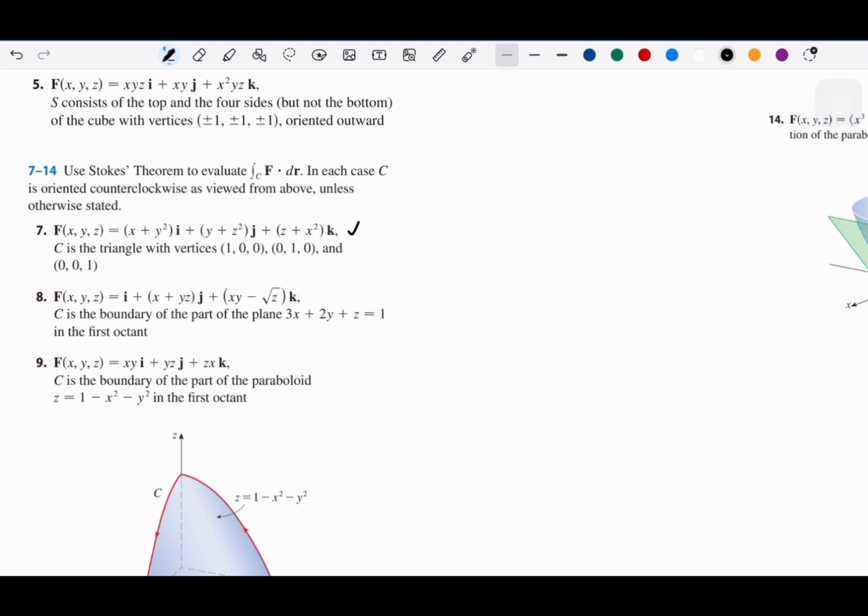So I think we are interested in C, right? So perhaps we can imagine how it looks. So this will be z, x, y. So x will be, this is 1, this is 1, and this is 1. So we have a triangle here.